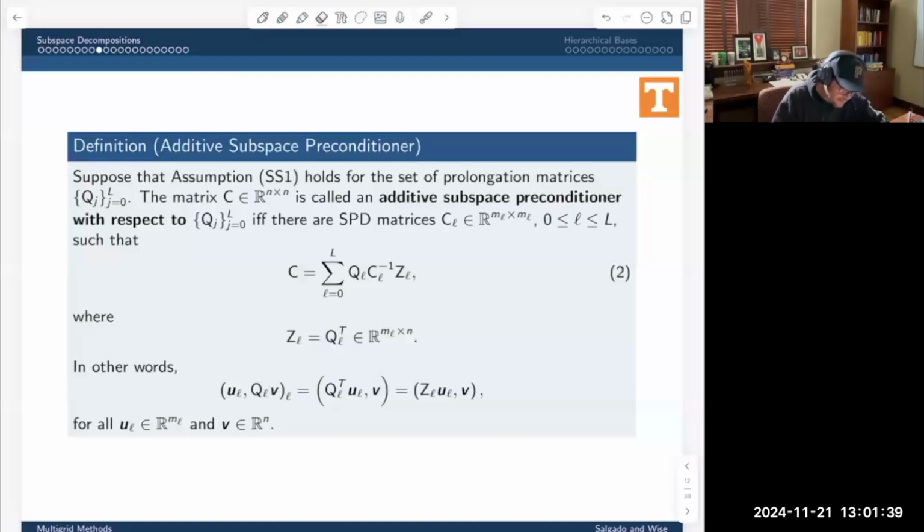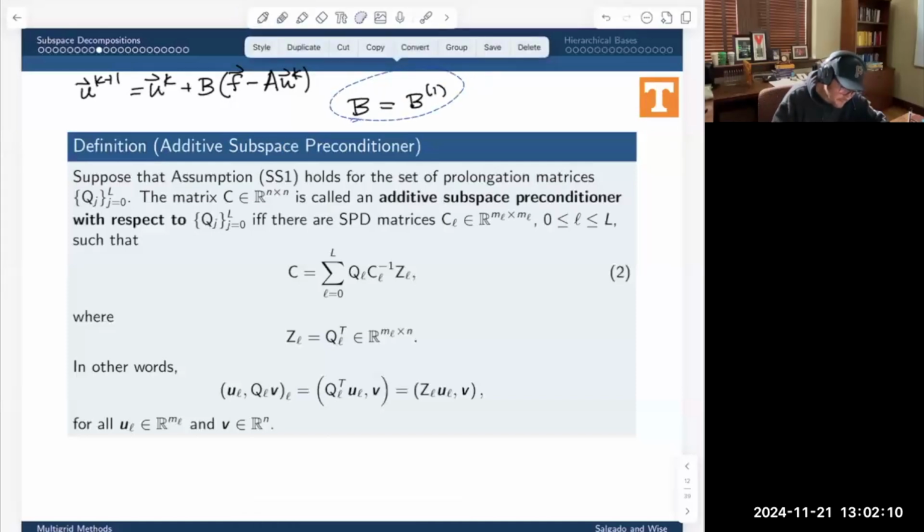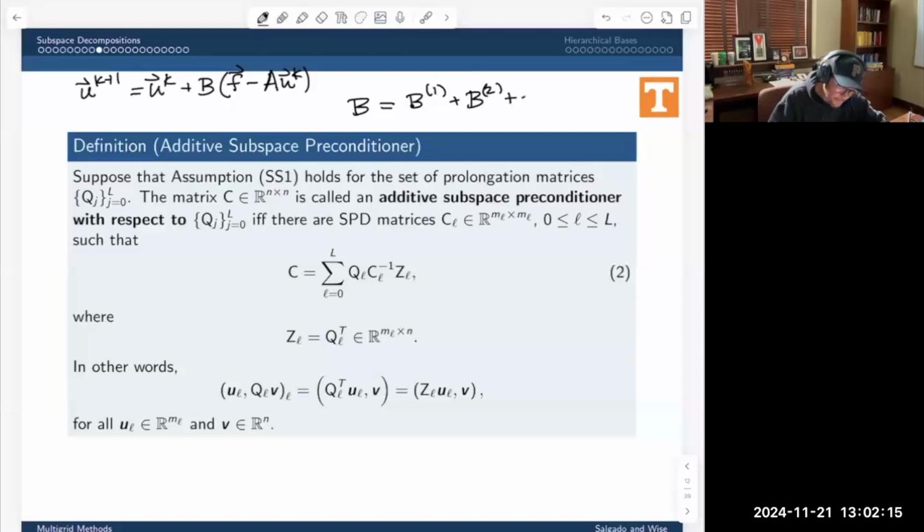So we have a standard general linear iterative scheme, U^(k+1) = U^k + B(F - AU^k). And basically, what we're doing is breaking our iterator into a bunch of sub-iterators. B1, I'm going to write this in a slightly different way because our subscripts here are going to mean something a little bit different. I'm going to write these as superscripts.